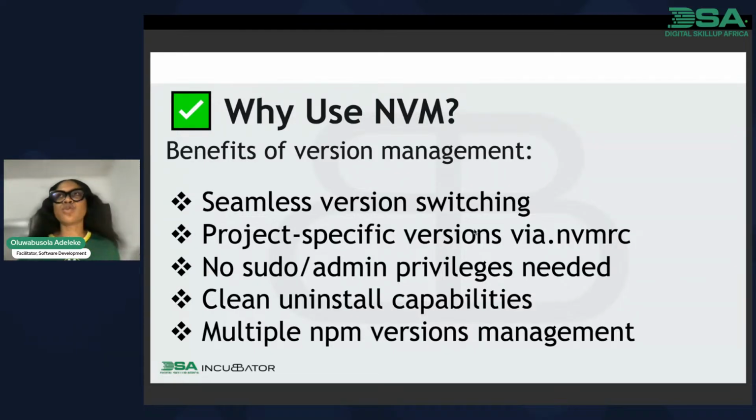So it helps you to switch in seconds, which saves you time. And as a software engineer, you must learn to work smart and not work hard. So while working hard, you're making sure you're smart about it. Node version management.